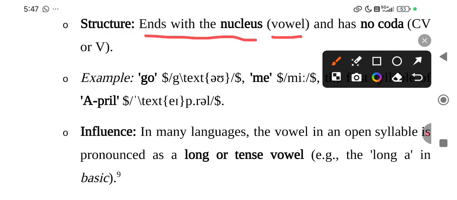It may be a smartphone, other features may or may not be there, but calling is the mandatory feature of a phone. Similarly, if we remove the nucleus, there is no base of the syllable. The syllable won't form at all. Its mandatory or compulsory part is the nucleus.